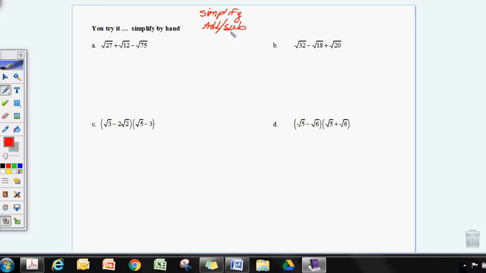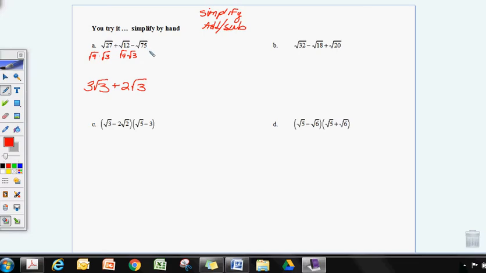Okay, so I have square root of 9 times square root of 3 for 27, or 3 square roots of 3. For 12, I have square root of 4 times the square root of 3. That would give me plus 2 square roots of 3.